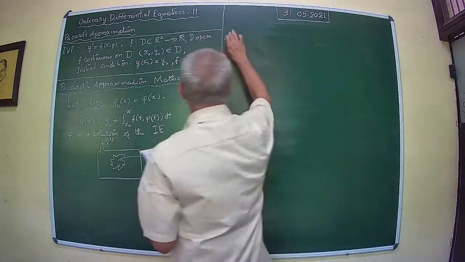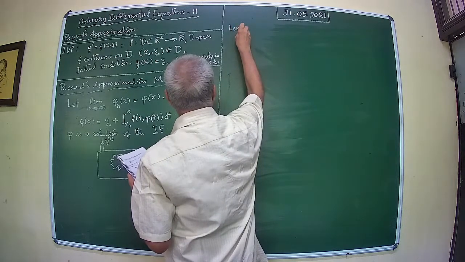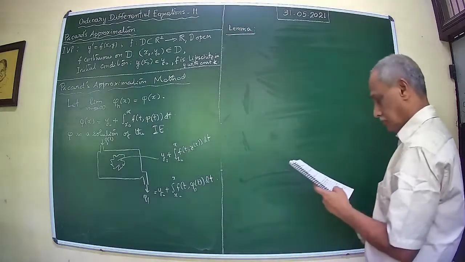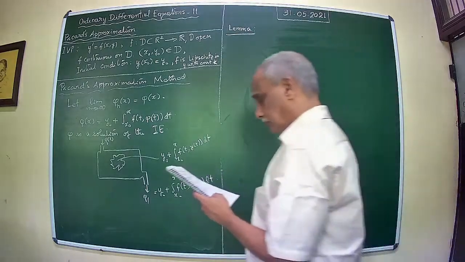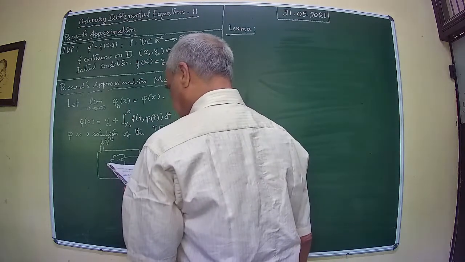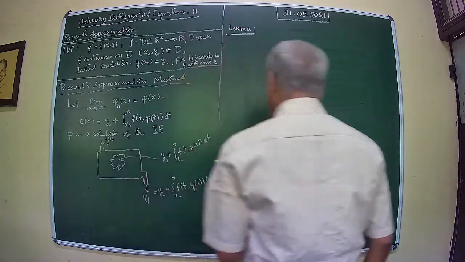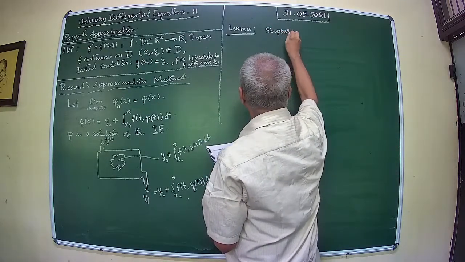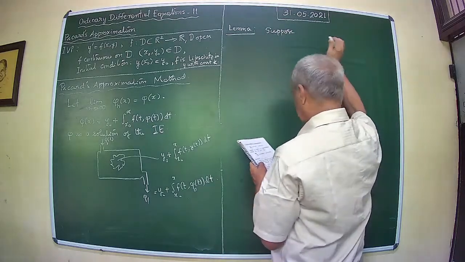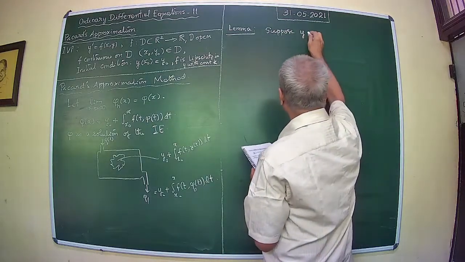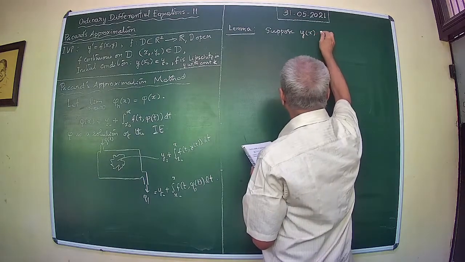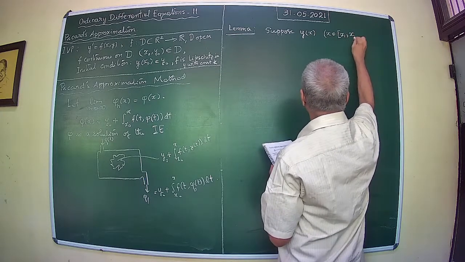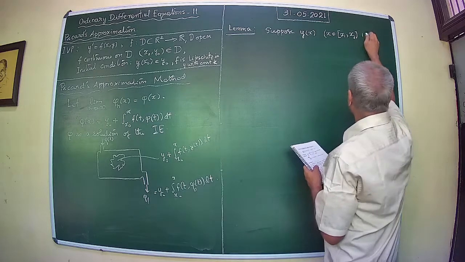So the first lemma is: suppose y x, for x belonging to some interval x1 x2, is admissible.